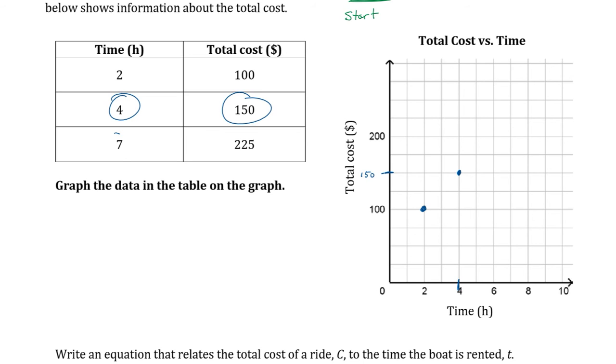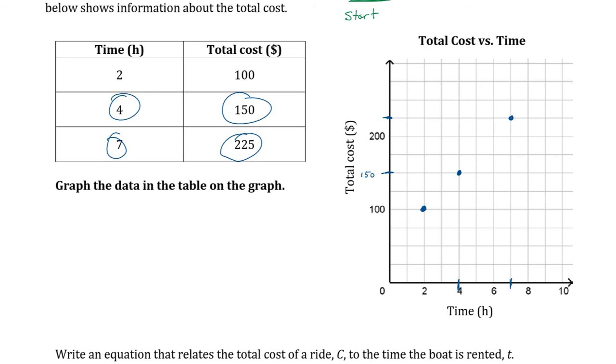And for 7 hours, it costs 225. So 6, 7, 8, there's 7 hours. 225 is there, 200 plus another 25, and that's where they meet. And these three should absolutely form a line because this is a linear relationship. That's what we're talking about.